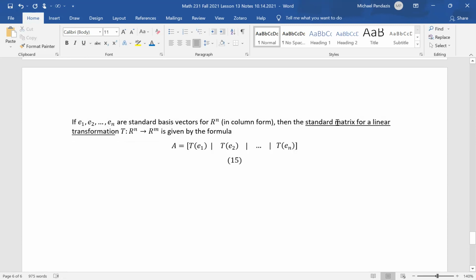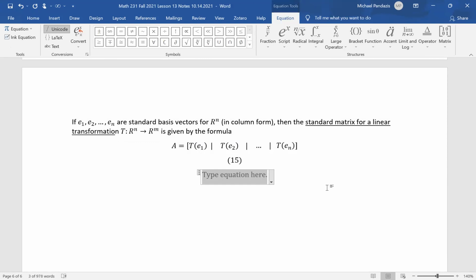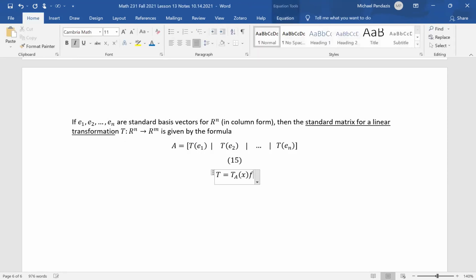It's the matrix that you would left multiply by to define this function T. So T is a function where it would be T sub A of X, for some matrix capital A. And so what we're doing is finding that matrix A that we can think of T as left multiplication by.